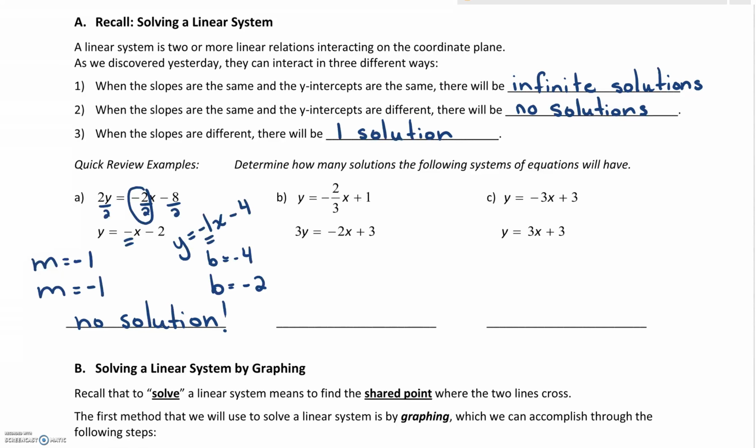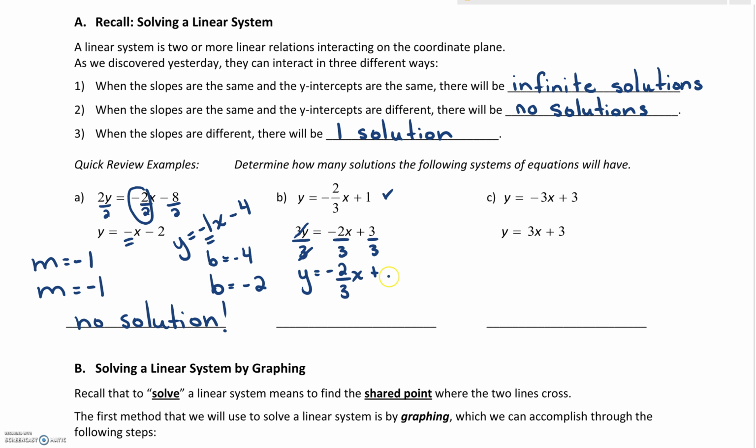So for question B, the first equation is already in y equals mx plus b form, but the second one isn't. There's a multiplication going on between the 3 and the y, and to get rid of it, we have to divide everything by 3. So we end up with y equals negative 2 over 3x, because I can't divide negative 2 by 3 without getting a decimal, and I'd like for you to keep your answers in fractions.